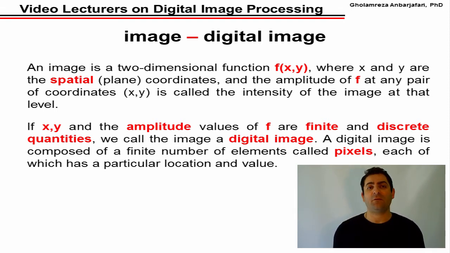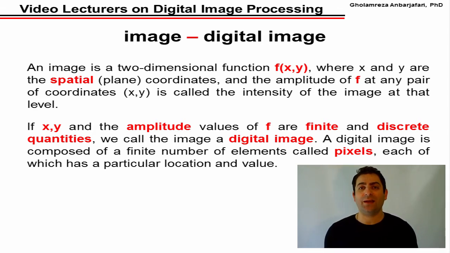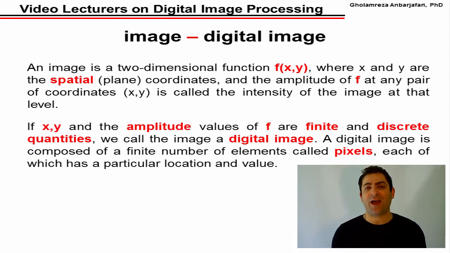Now the amplitude of f at any point x and y is called the intensity of the image at that level. Now, if at a given x and y, this amplitude, this intensity value, is a finite and discrete quantity, then we call the whole f of x and y a digital image.